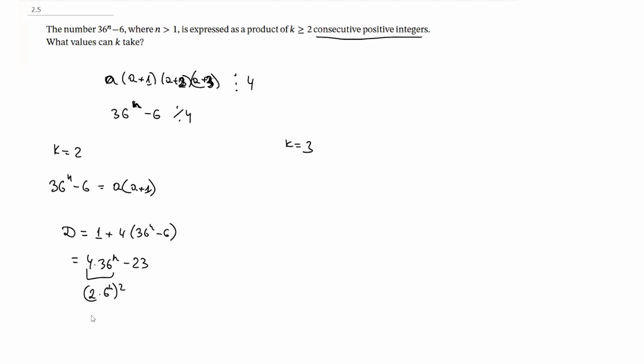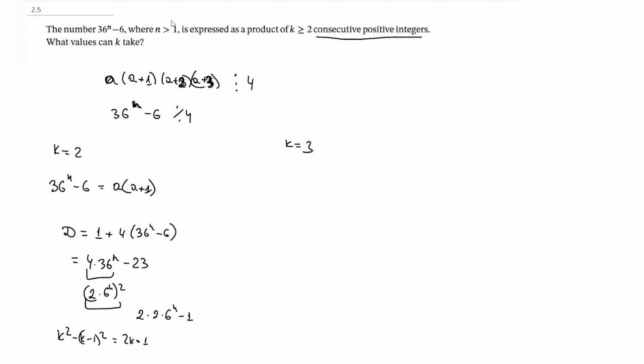And we know that the difference between two squares, k squared minus (k minus 1) squared, is 2k minus 1. So the distance to the closest square to this one is something like 2 times 2 times 6 to the power n minus 1.